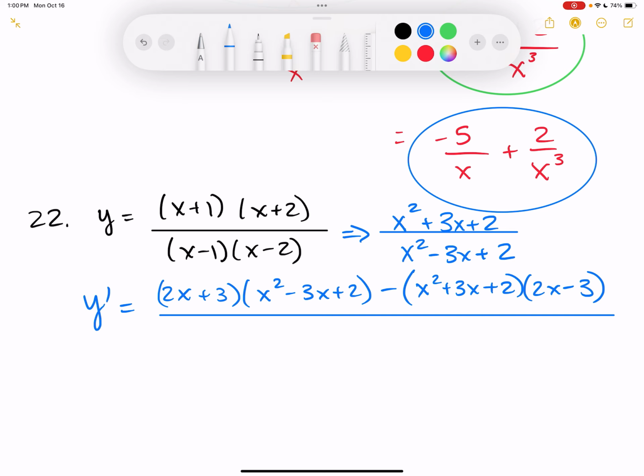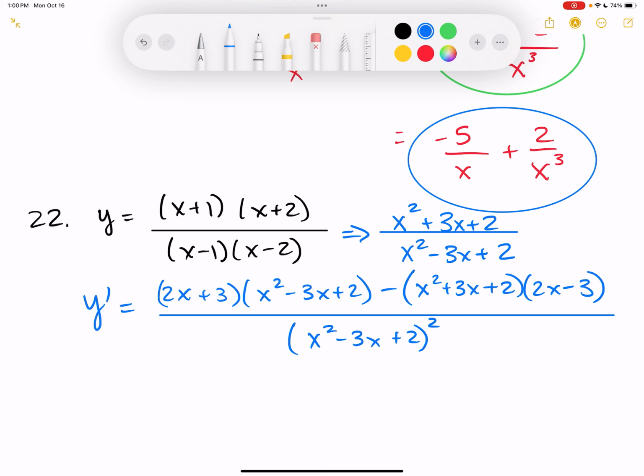For now I am going to write it this way. I may need to factor it back for things to cancel, because sometimes it works out nicely, sometimes it doesn't.